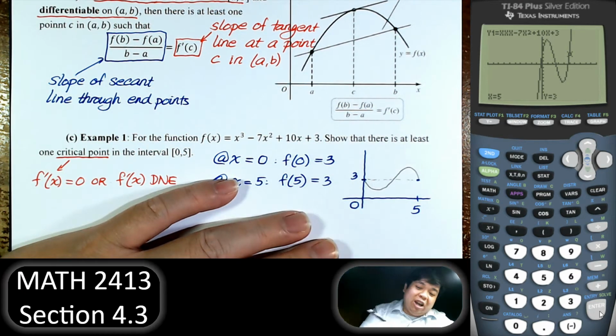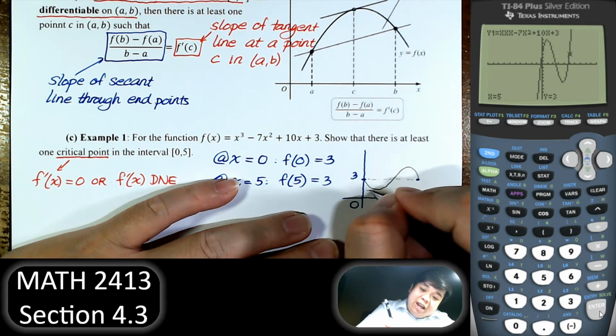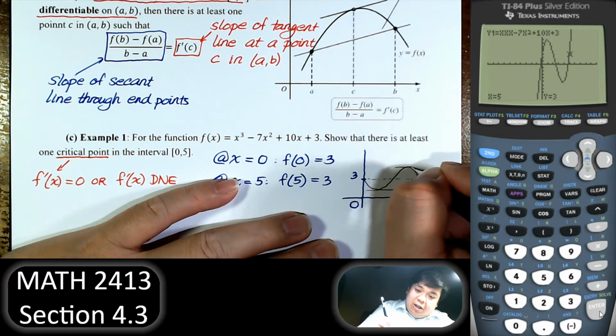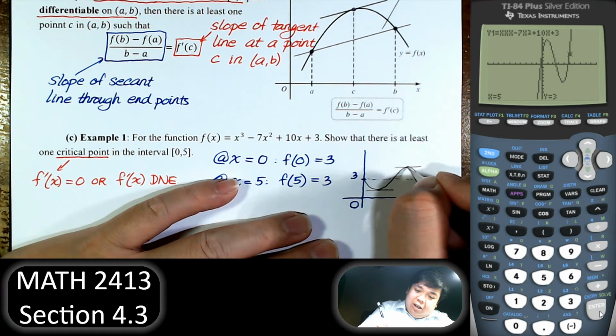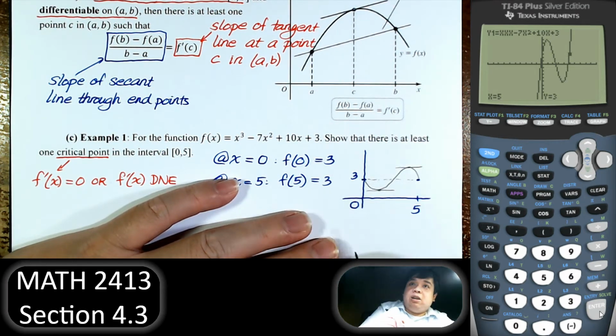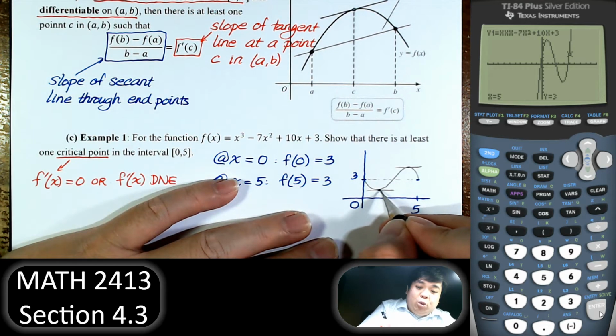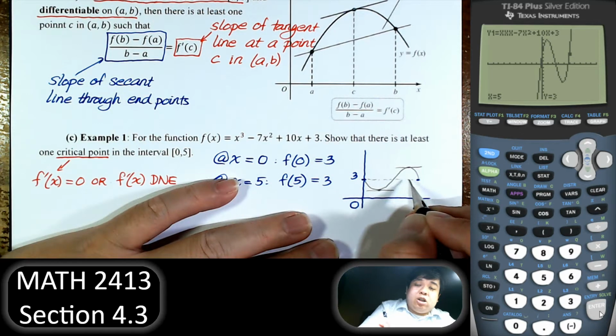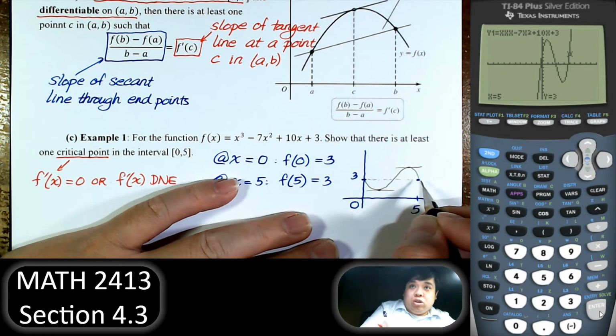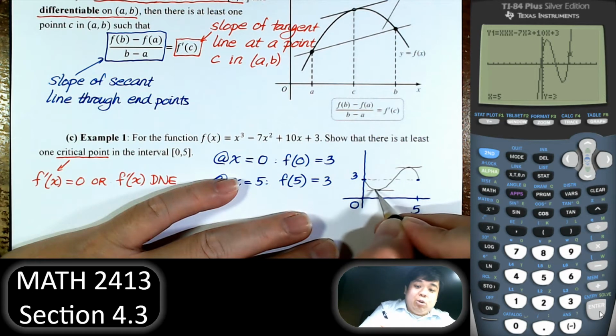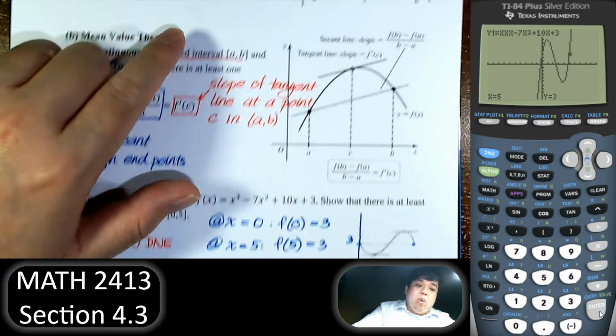I'm just going to draw it like that. There has to be a point where the slope of the tangent line is the same as the slope of the secant line. The slope of the secant line in this case is 0, so there will be a point in the middle where the derivative equals 0.